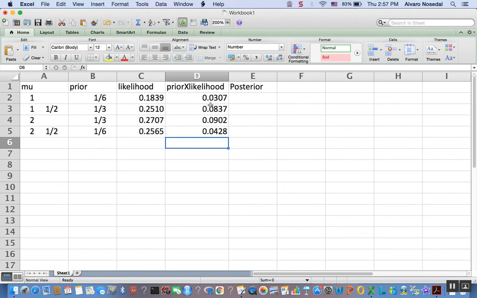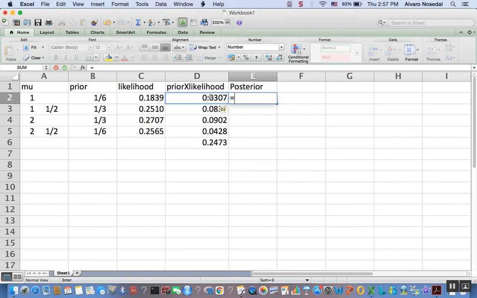The numerator is prior times likelihood, but the denominator is basically the sum of these guys. So we need the sum of those guys, of that column. And finally the posterior distribution is this guy, the numerator, divided by that denominator, which is the sum of all of them. We do the same for each of those guys.